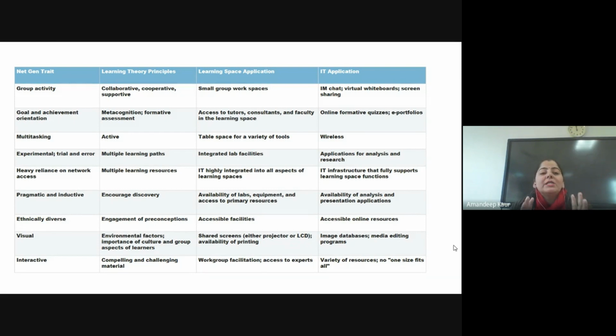Whatever activity I design for formative assessment purposes, I need to define a learning outcome for that activity also. When this kind of activity is provided, the student must have a connection with the faculty so that they can clarify their doubts. There must be an environment of consultation created by the teacher.